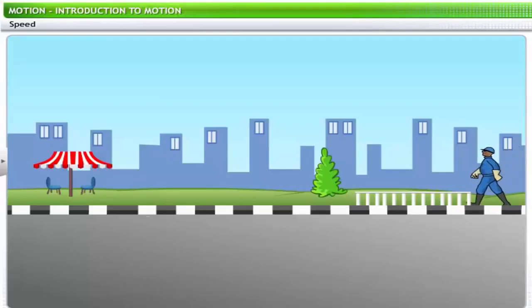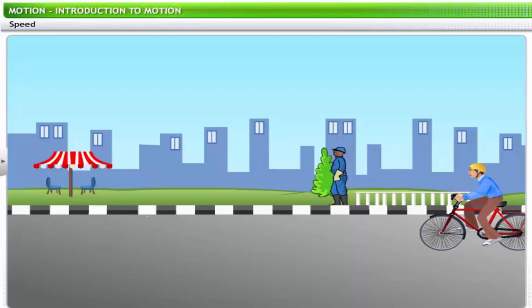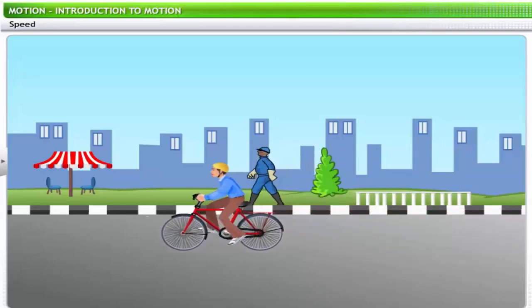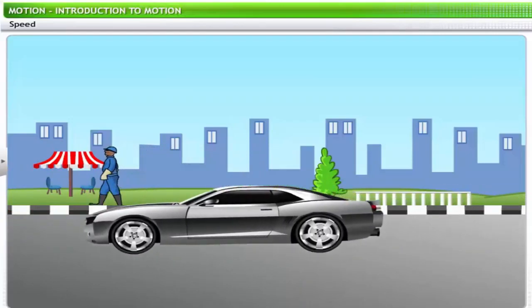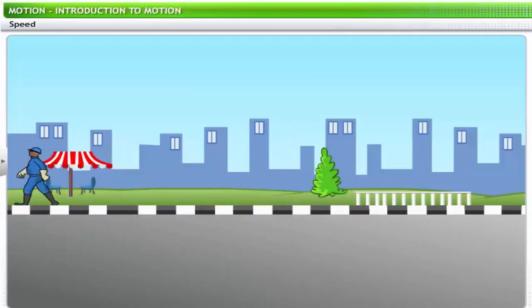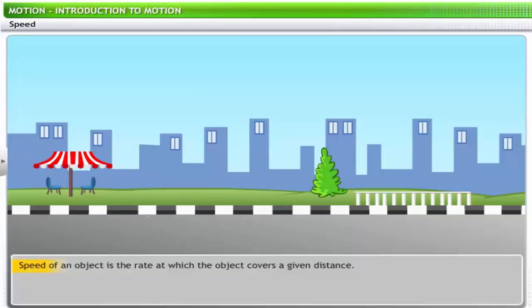Different objects may take different amounts of time to cover a given distance. How fast does a moving object change its position? The answer to this question relates motion to the time taken for the change of position, and that brings us to speed. Speed of an object is the rate at which an object covers a given distance or changes its position.